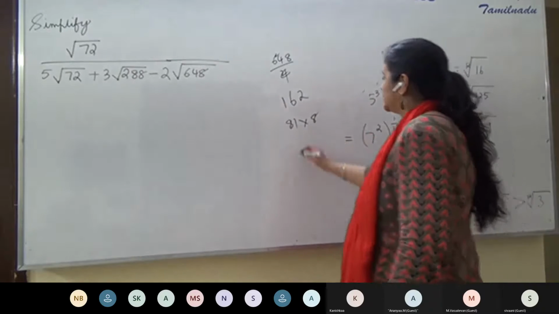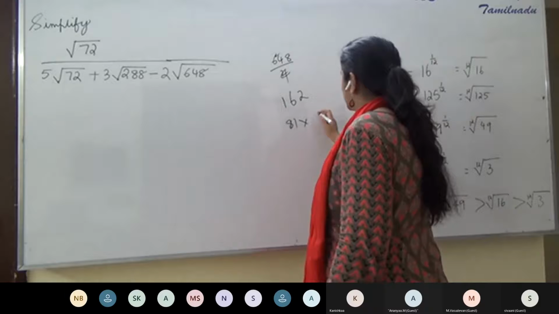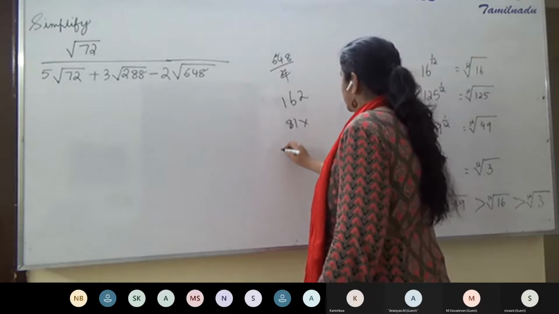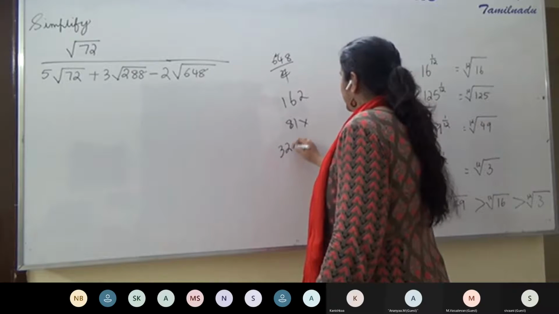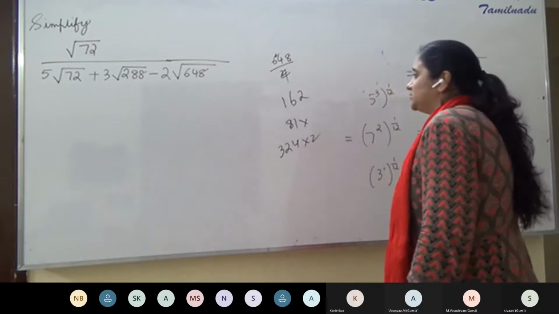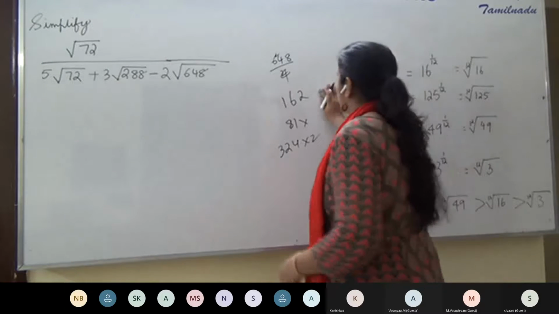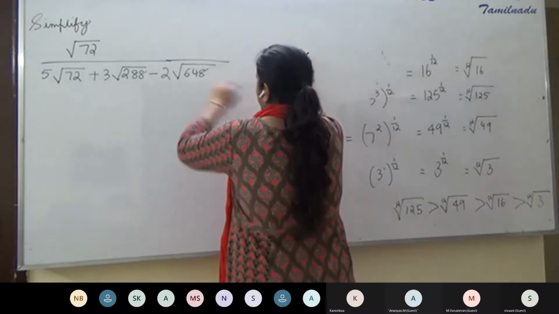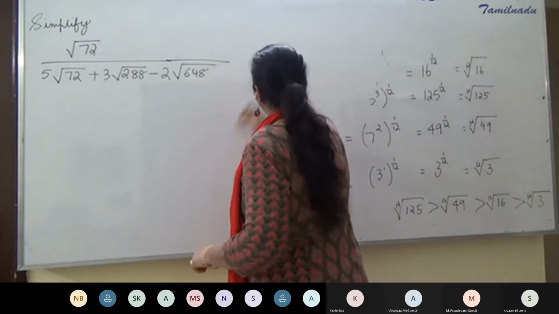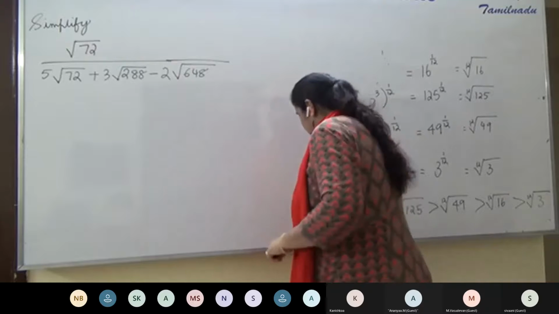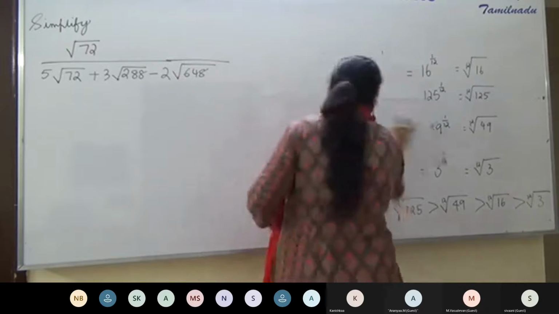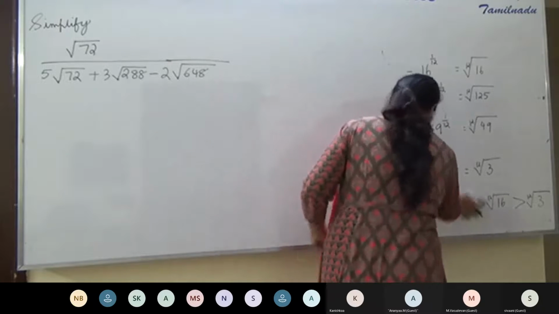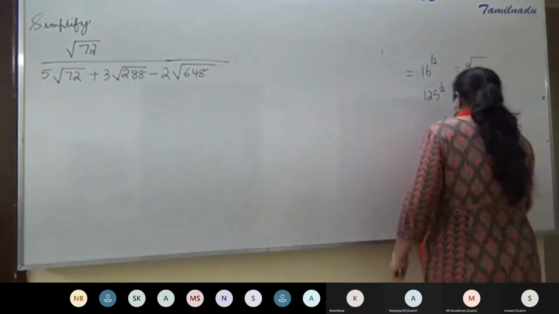If I take a 4 from that, it will be 324 into 2. And 324 is a perfect square. The square root of 324 is 18. 18 into 18 is 324.